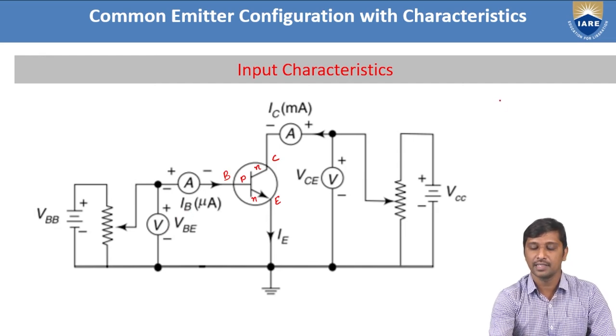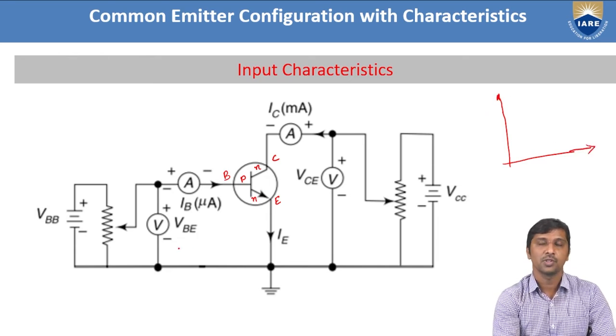To plot the input characteristics, we plot the graph between input voltage and input current. The input voltage is measured between base and emitter, represented as VBE, and the input current is IB.